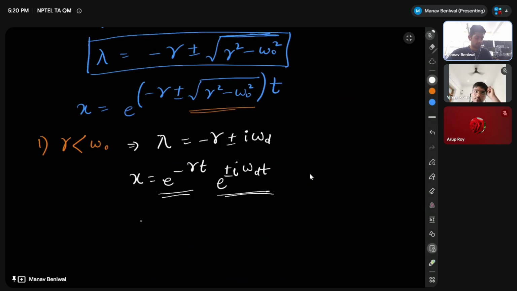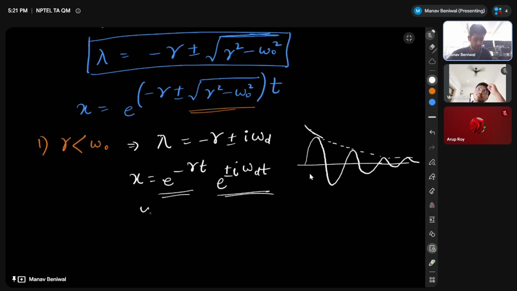What this means is our amplitude is constantly decaying, but still we have some oscillations. Our oscillations will look something like this, and they are decaying exponentially. So that is what this means. This is when gamma is less than omega naught. This is the case of under damping.